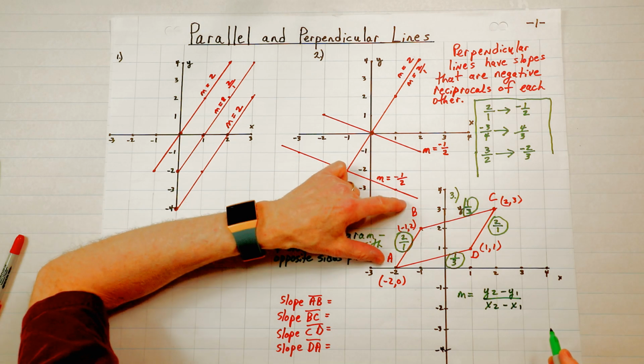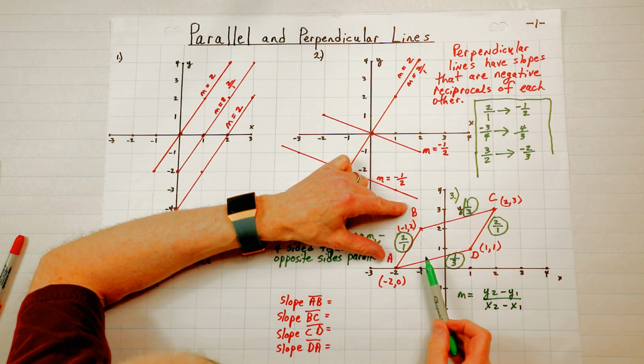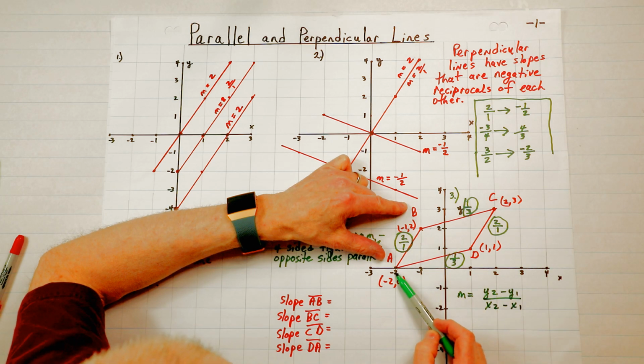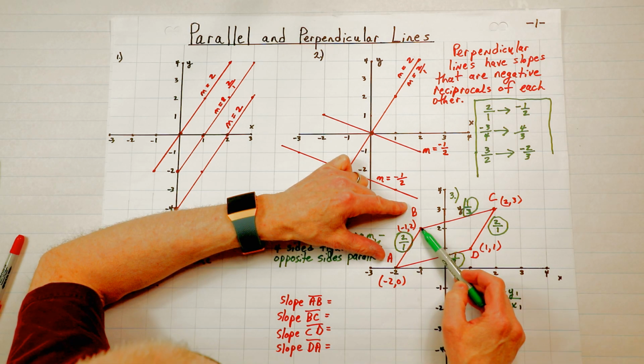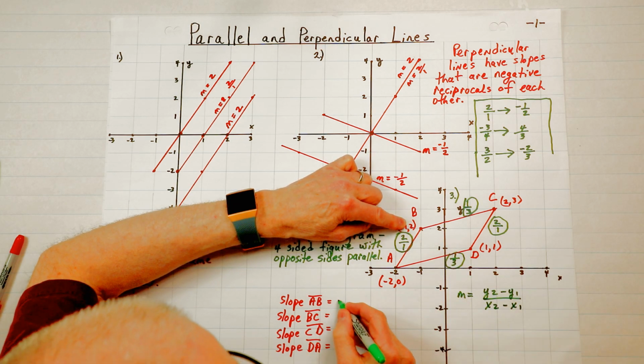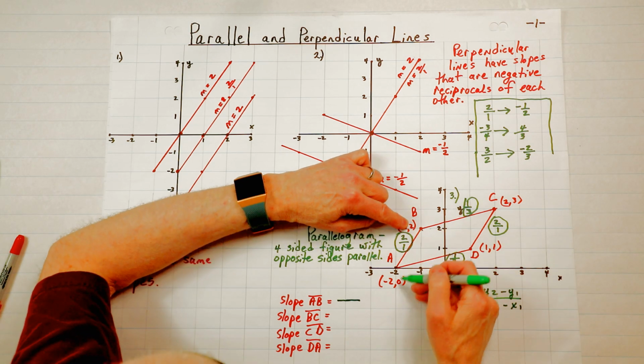All right, we'll start here with AB. Now I'm not going to write out this formula every time. This is my first point because I'm starting here. This is my second point. So x2, y2. So for the numerator, I'm going to have 2 take away 0.